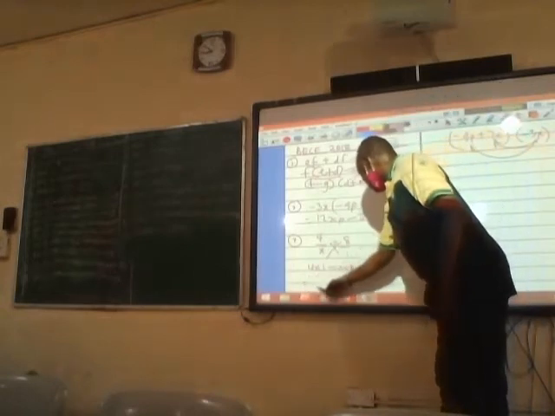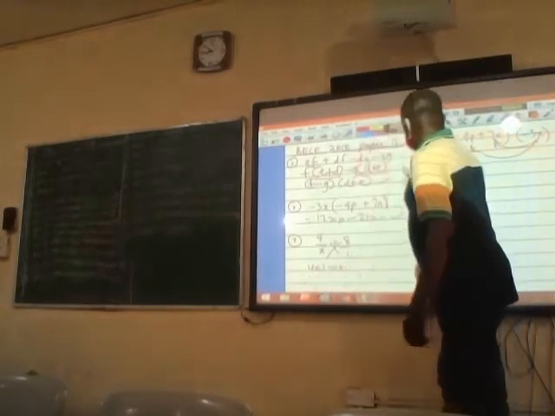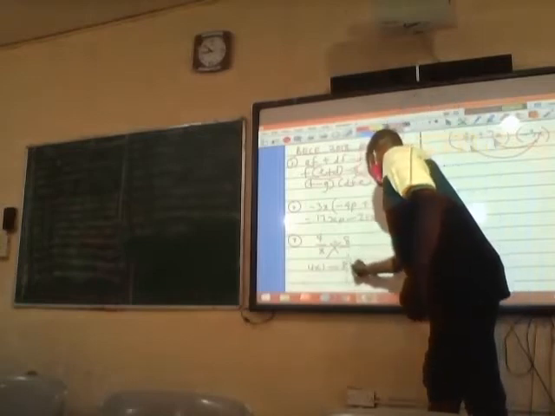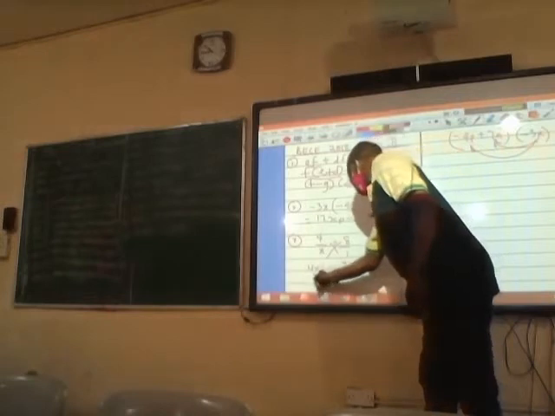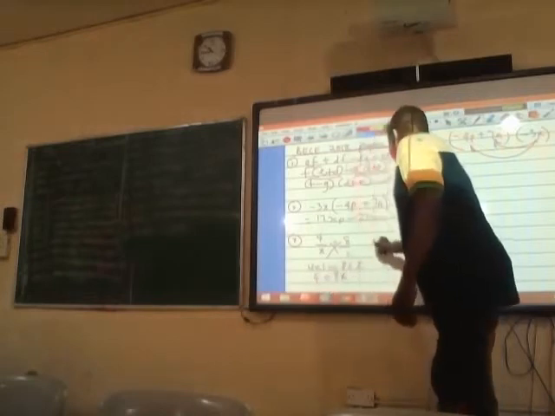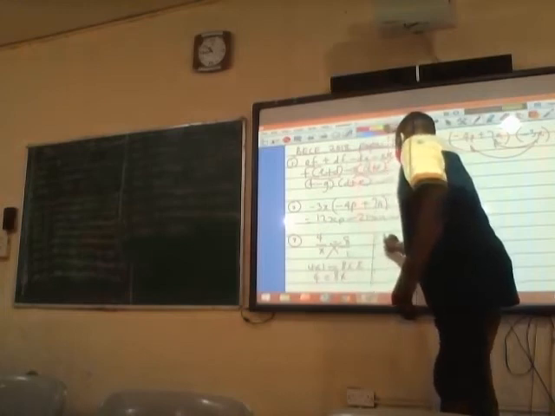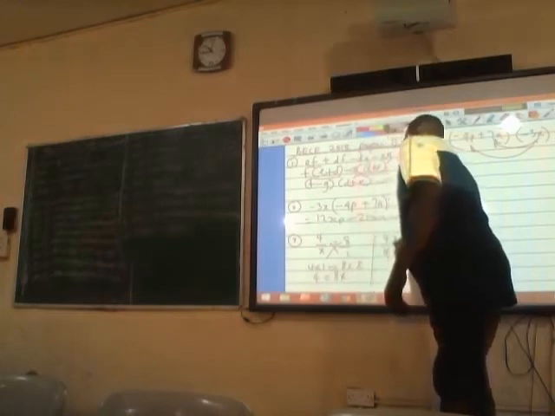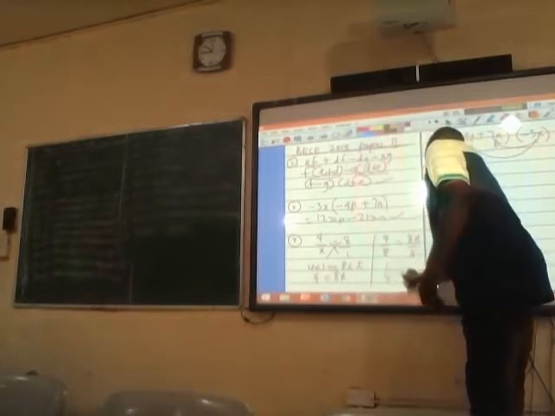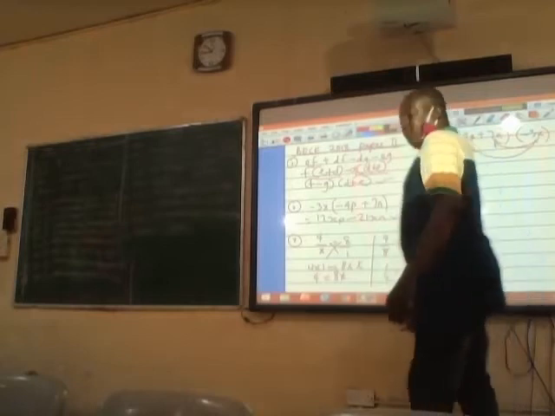So this is 4 is equal to 8x. Then from there, she divided both sides by 8. So 4 divided by 8 is equal to 8x divided by 8. So 1 over 2 is equal to x. And that is correct. Thank you.